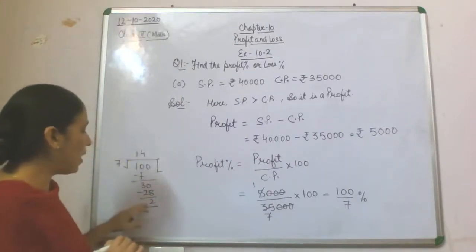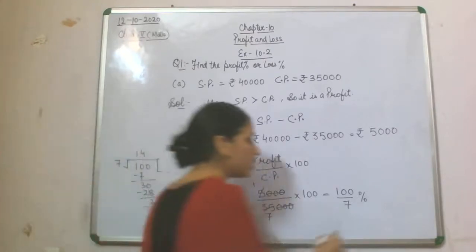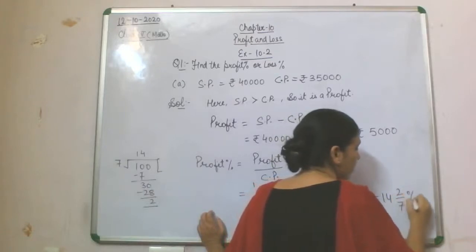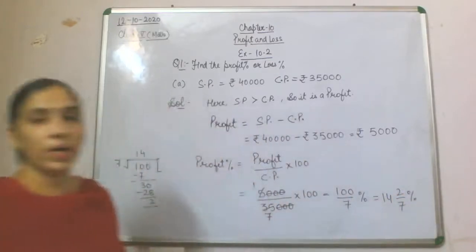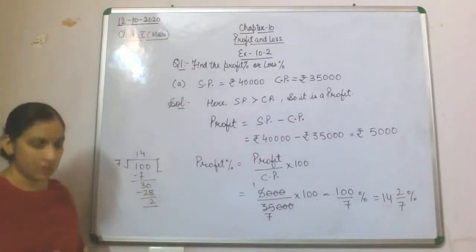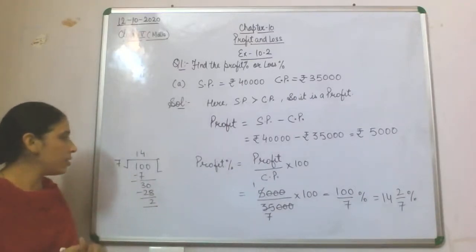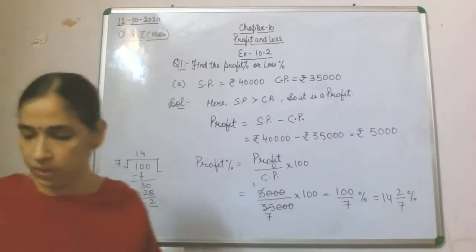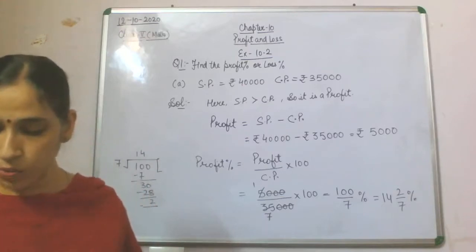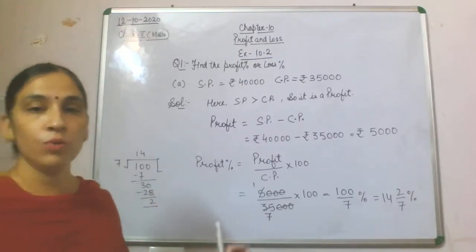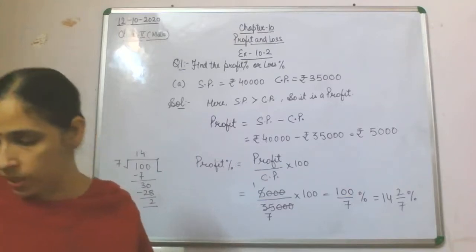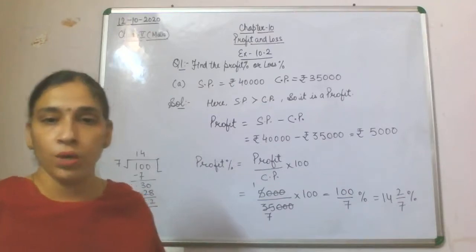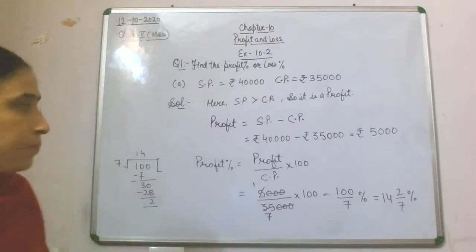Now Q, R and D, you will write it like this: quotient, remainder, divisor. 14, 2 by 7%. So in this way you will do it.